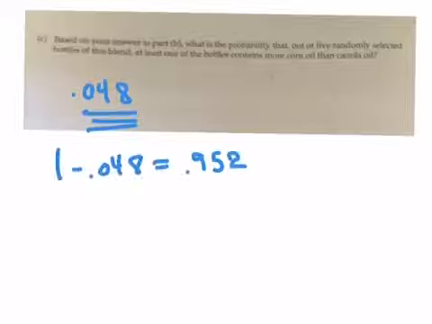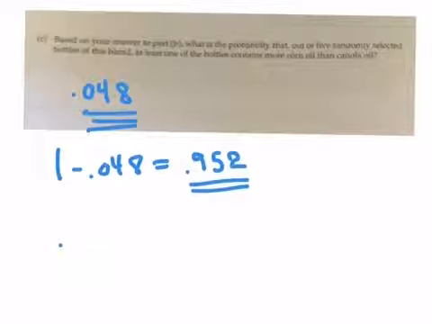The complement to that is, what if none of them have more corn oil? The probability that it doesn't happen is 1 minus 0.048. What if it doesn't happen all 5 times?